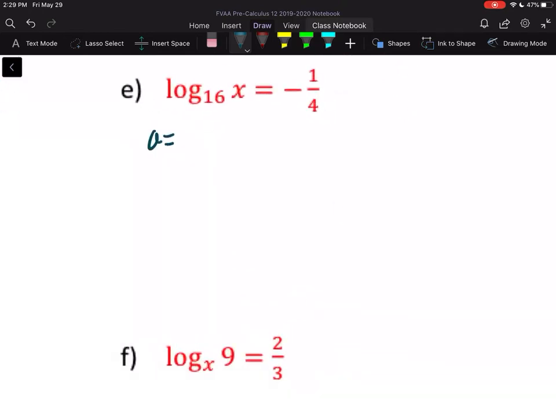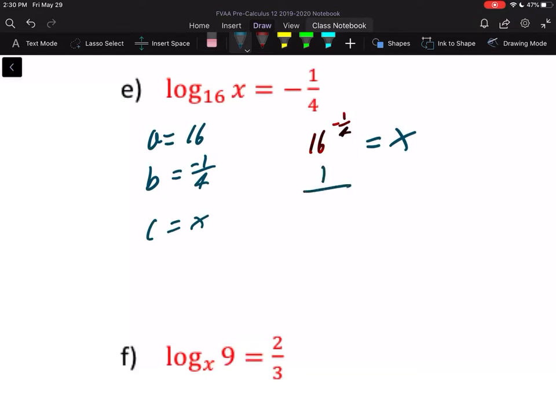Here, a is equal to 16, b is equal to -1 over 4, and c is equal to x. So again, here I have 16 to the -1 over 4 is equal to x, and then this is 1 over 16 to the +1 over 4.